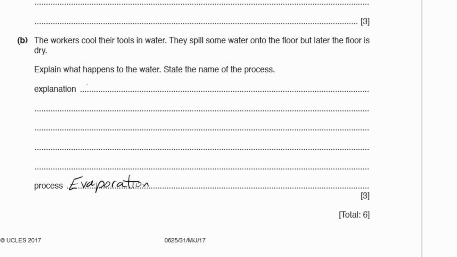So what's happening here? Well, water can gain energy from its surroundings. And the water molecules have a range of kinetic energy, with some water molecules near the surface able to escape. They've got so much kinetic energy, and they take away more than the average, and it cools down the remaining water.